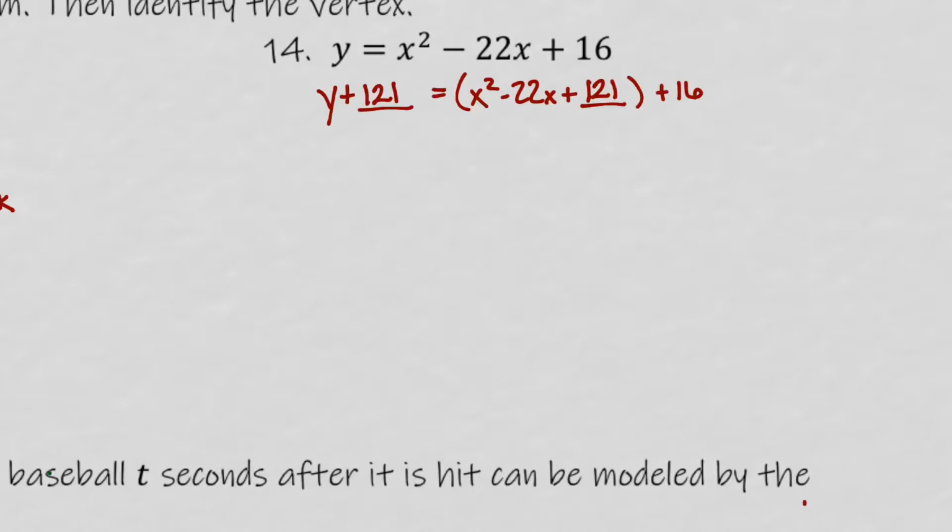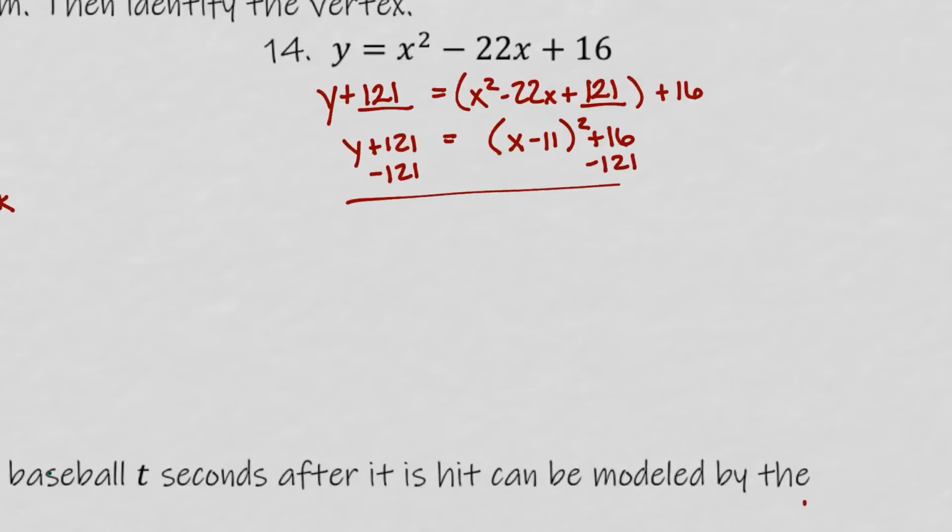But we want to be able to write that parentheses as a binomial being squared. So the right side becomes that. And then the left side is still y plus 121. So now we need to subtract the 121. So I get y equals x minus 11 squared, which doesn't change.